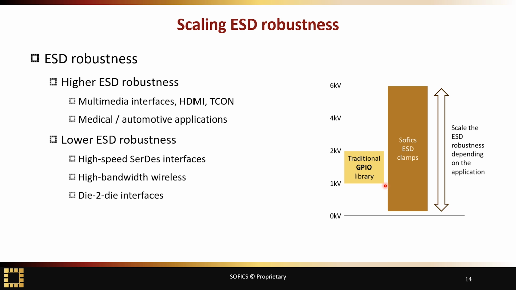Sometimes it's okay to have a reduced ESD robustness. For high-speed interfaces, people sometimes can reduce it below 1 kV, and for die-to-die interfaces, it's possible to reduce to maybe 200 volts or 100 volts HBM. I talked mostly about HBM, but similarly for CDM, we can help you have high CDM, or for die-to-die, maybe less than 30 volts is enough.